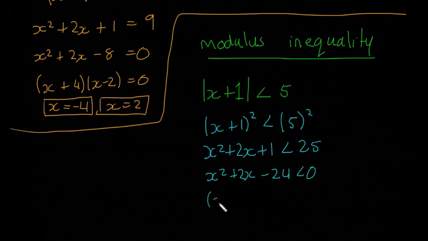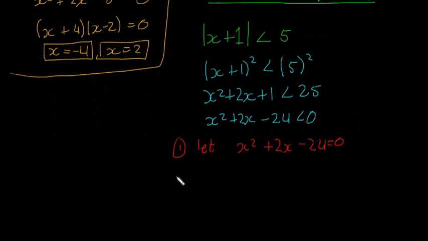Again, we have to factorize this. Actually, no, sorry, to solve this we have to go back to our 4 steps. Step 1 is to let x squared plus 2x minus 24 equal 0. These are the questions we've been doing for a while. Step 2 is to solve.